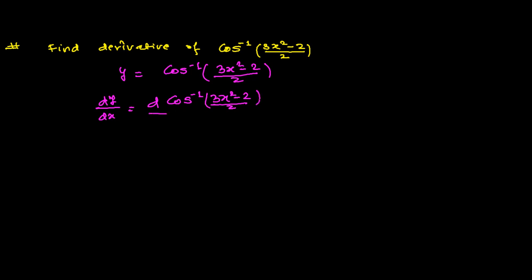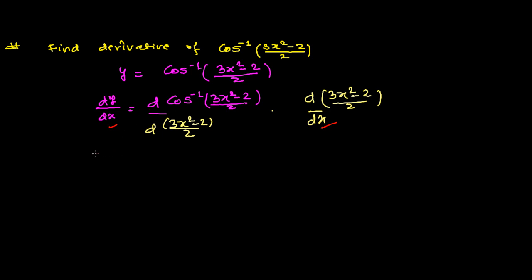Now we have to differentiate with respect to this one, because cos inverse has the derivative with respect to its argument, so with respect to (3x squared minus 2) by 2, and again we need to differentiate this part, 3x squared minus 2 divided by 2, with respect to x.